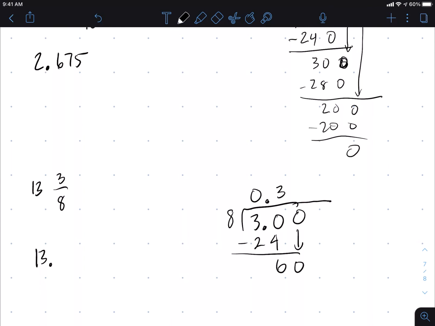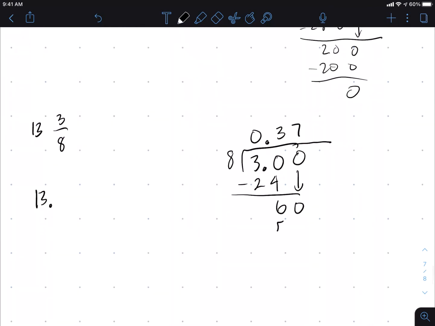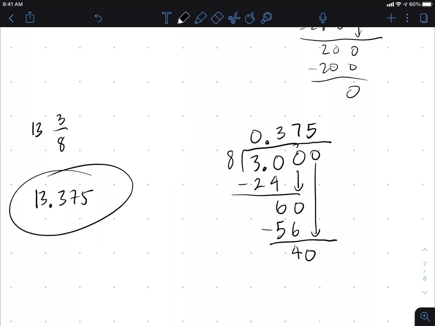How many times does 8 go into 60? 7. And 8 goes into 40? 5. Does that make sense? Yeah.